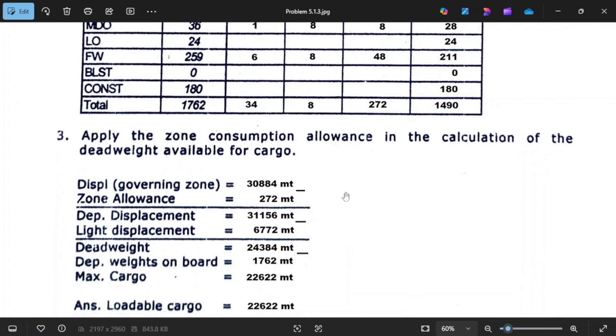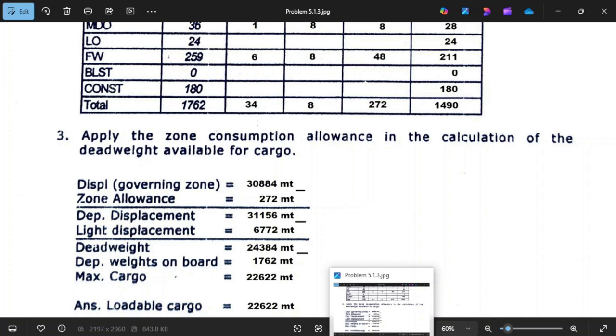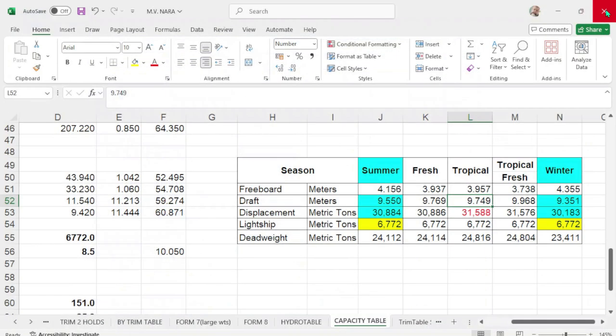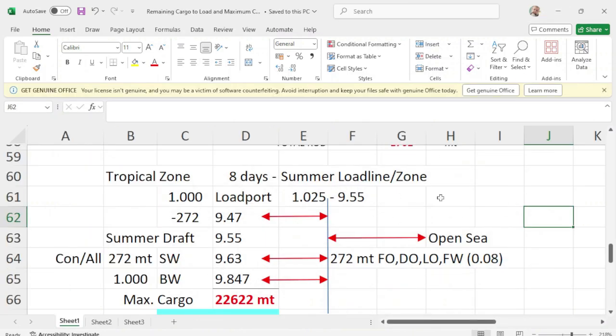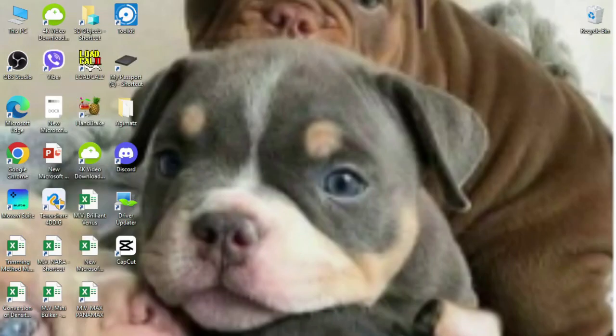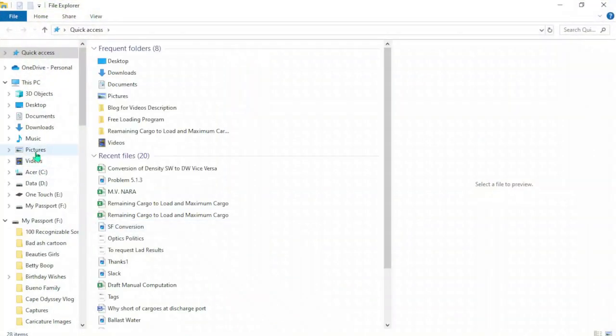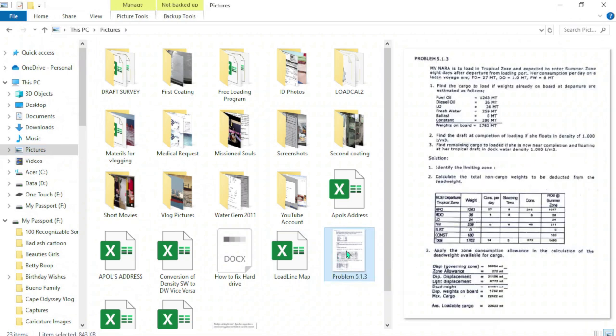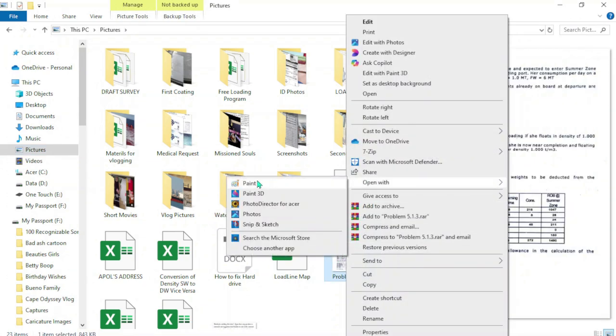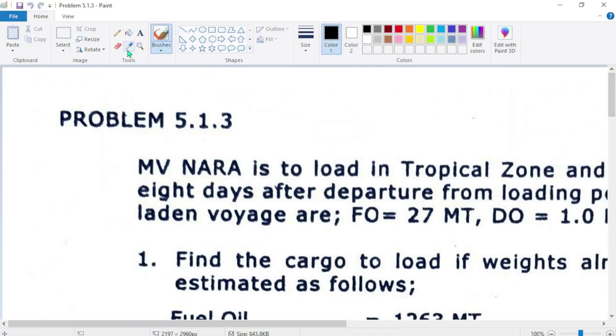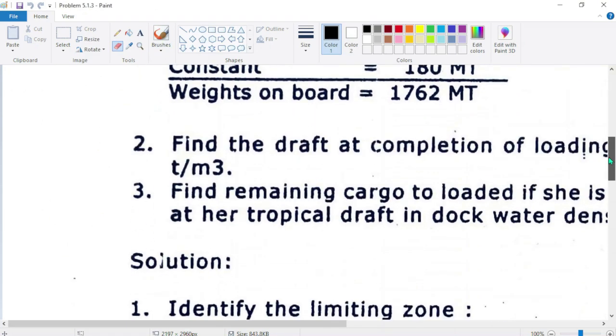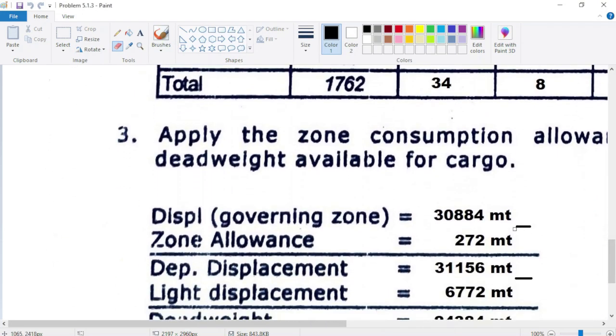I'm sorry, you have to add this one. This is not minus. This should be plus.